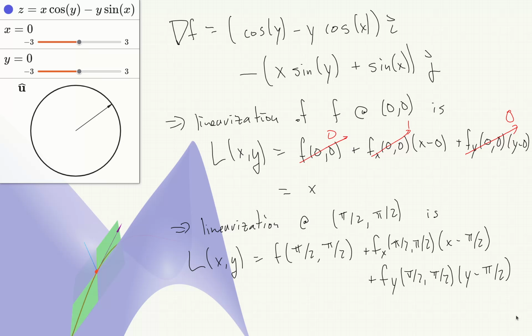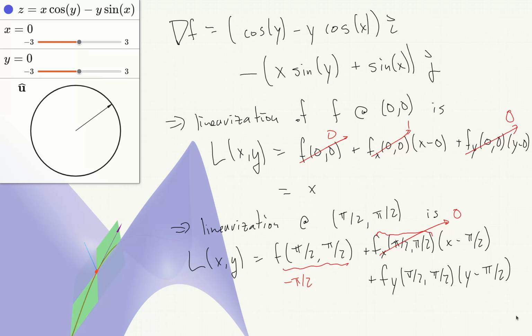So f of pi over 2, pi over 2 will be, I guess, cos will be 0, so negative pi over 2. Fx there will be, since we're putting cos into both of them, this will be 0. And fy will be, okay, sine, both of those are going to be 1.